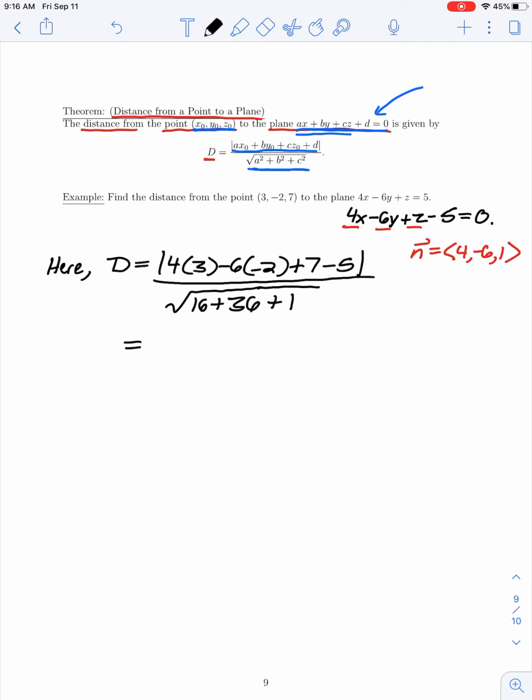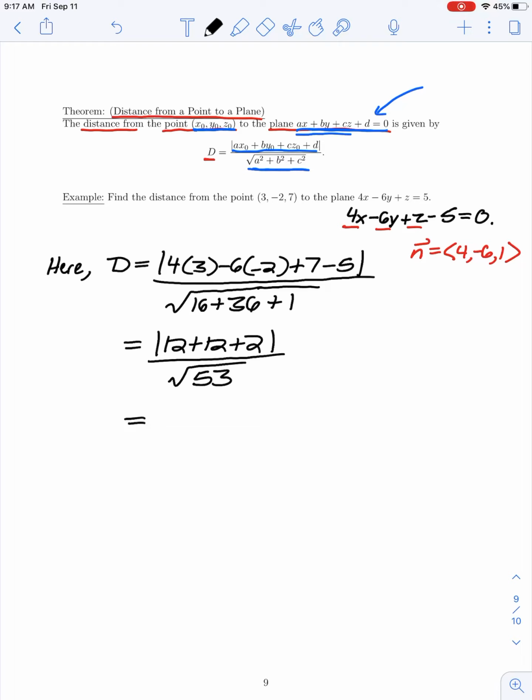So in our numerator, we have the absolute value of 12 plus 12, and then our plus 7 minus 5 would be plus 2. And we're dividing by the square root of 16 plus 36, which would be 52, plus 1 would give us 53.